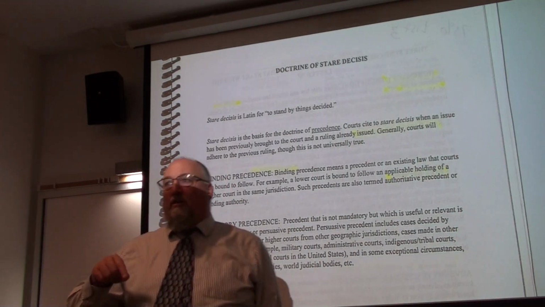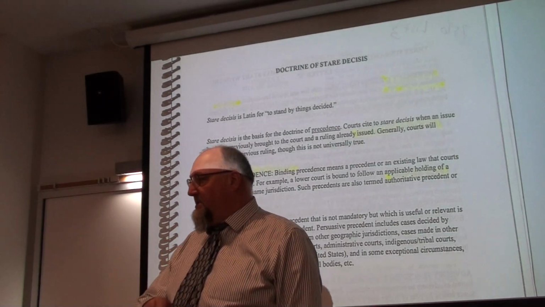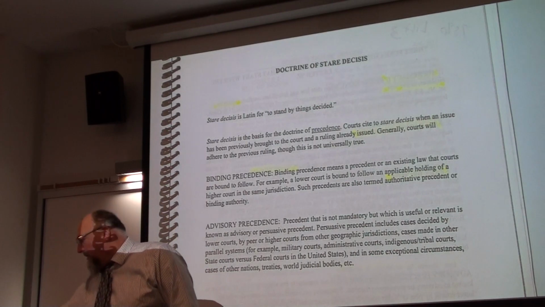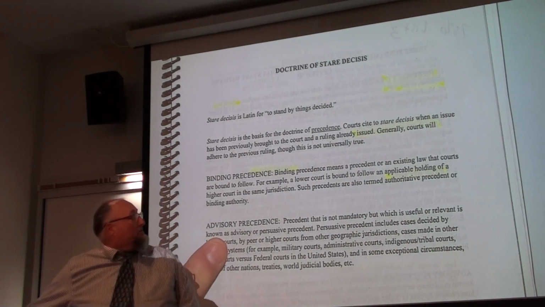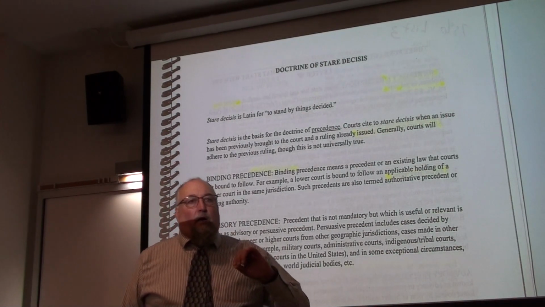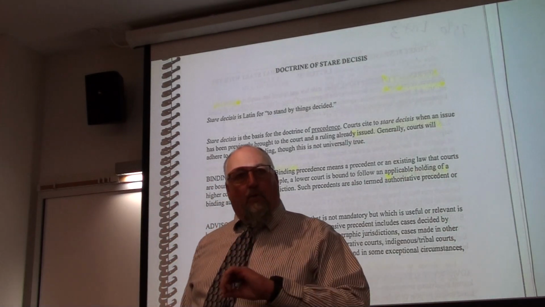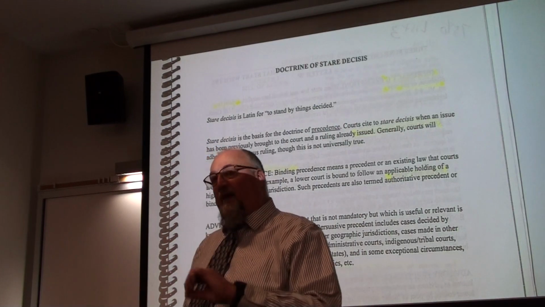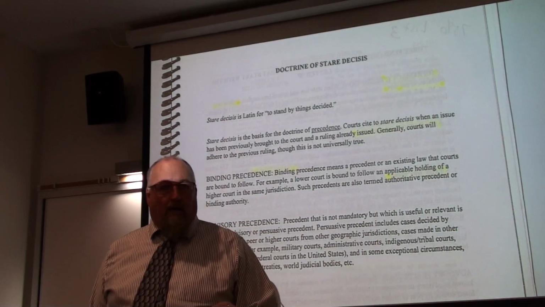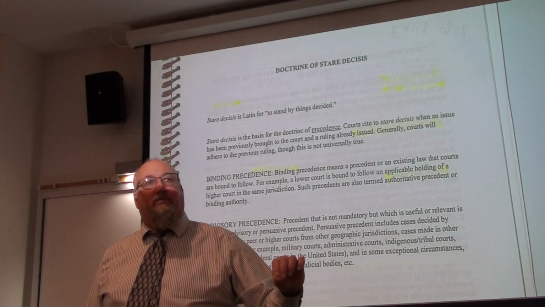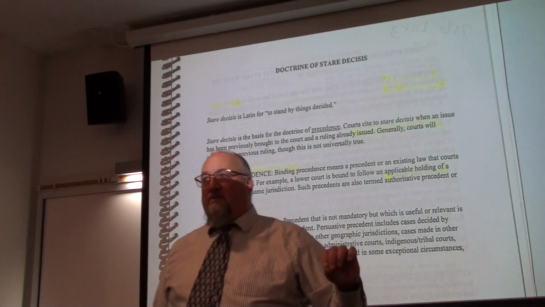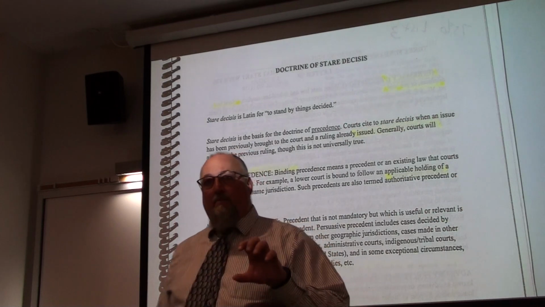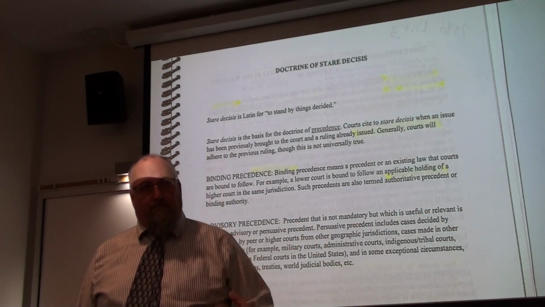Do I, as a judge here, have to follow that decision? Or is that decision what we call advisory precedence? Meaning that I am not obligated in Oregon to follow a judge's decision in Iowa, but if I agree with the rationale of the Iowa court, I can decide to go ahead and follow it here in Oregon and adopt that same legal reasoning.